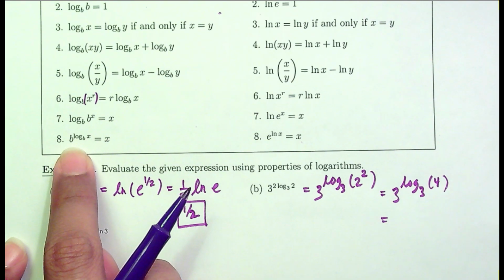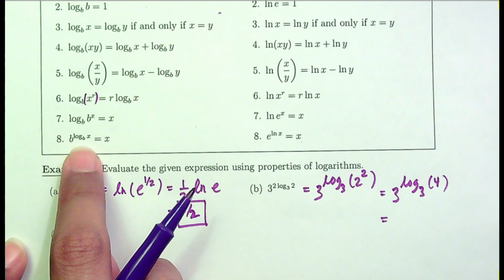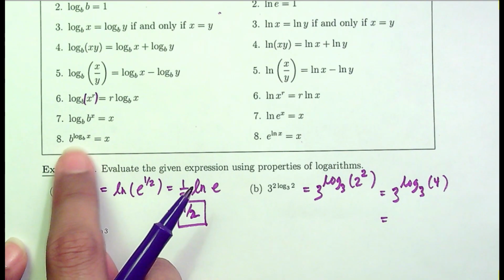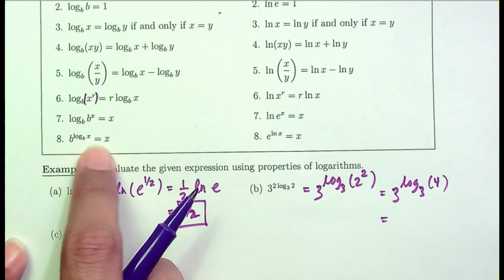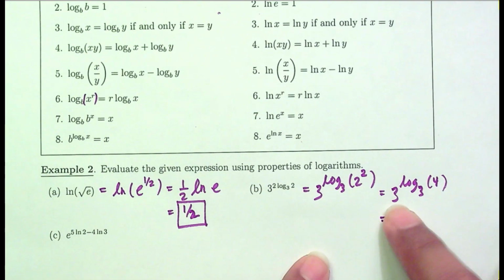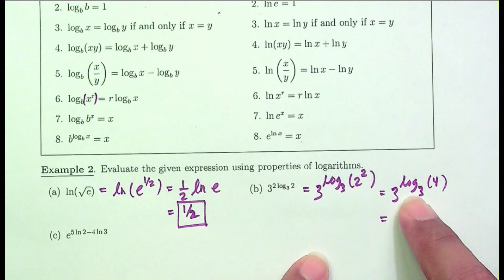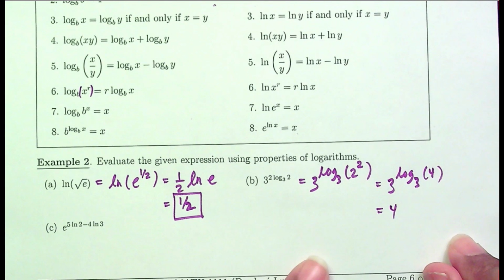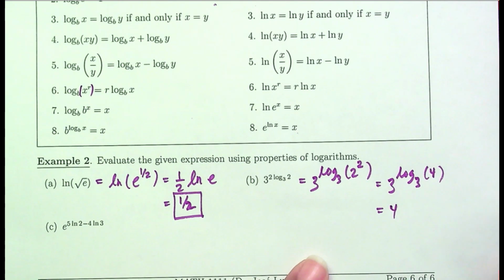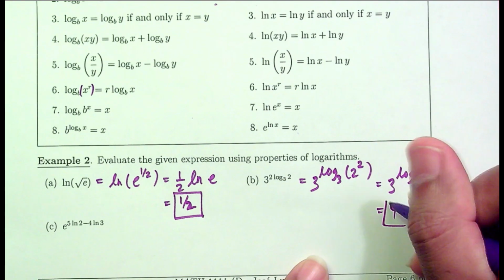So 3 to the log base 3, those two cancel each other and give you back what is inside the logarithm, x equals x. That means this 3 and this log base 3 cancel each other off, and I get back 4. Because remember, these two are inverse functions of each other. That's why they cancel each other. So you get 4.